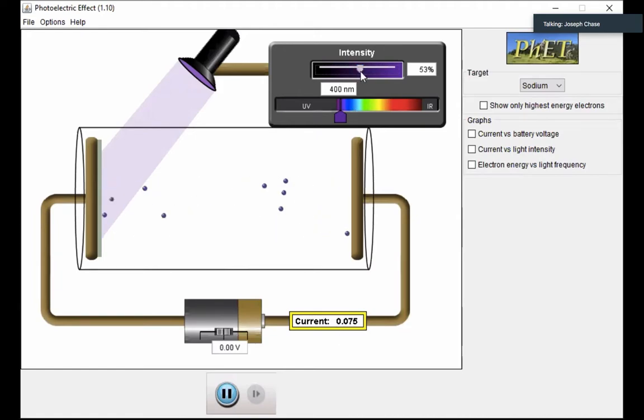I'm going to increase the intensity, and as I increase the intensity, the current goes up. So there is a connection between the brightness of the light and how many electrons we get. So I'm getting that down to a more modest value. Good. Now let's change the wavelength. So we'll put it on blue.